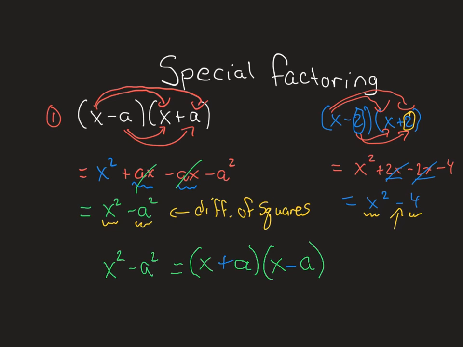So how do I get the a? Well, that's just the square root of a squared. And a plus and a minus.